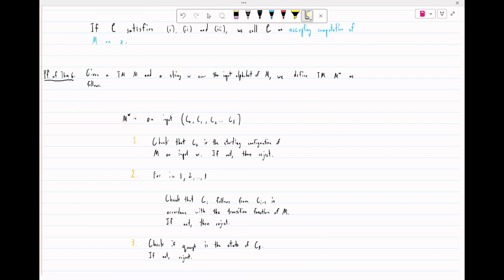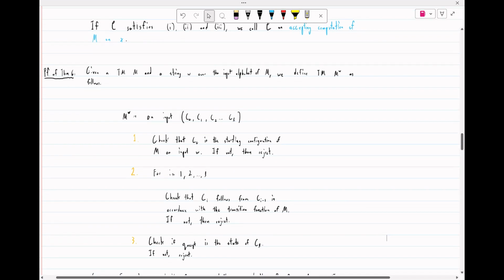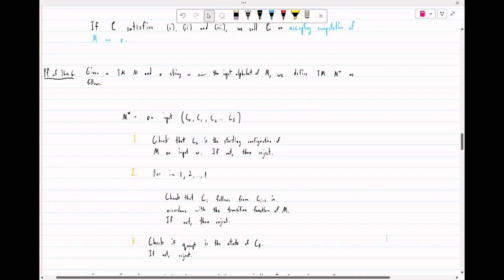And to reflect that, if we fail to be an accepting computation after this first check, whether C0 is the starting configuration, then we immediately reject. Can't be an accepting computation. Now we're going to check the second condition.